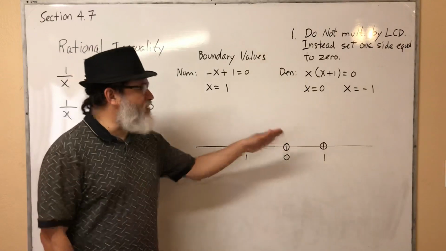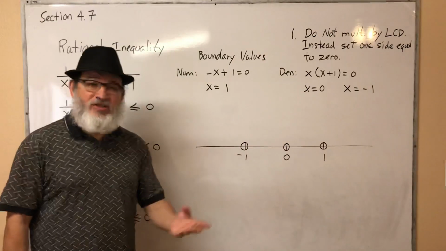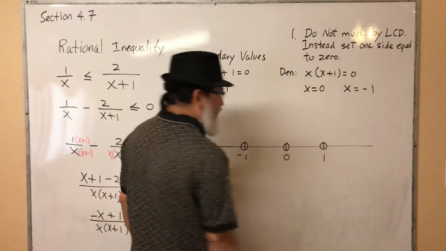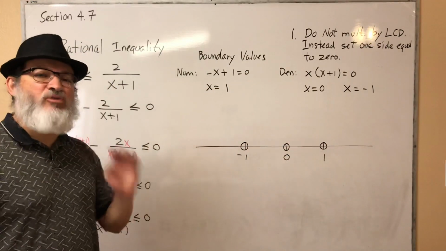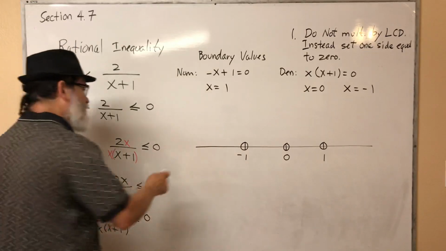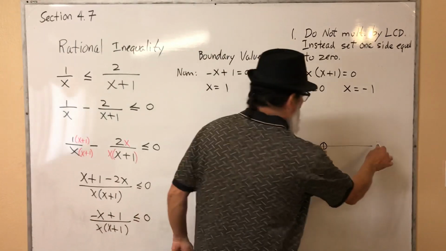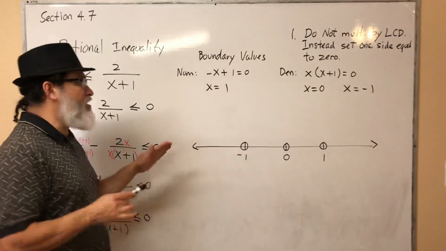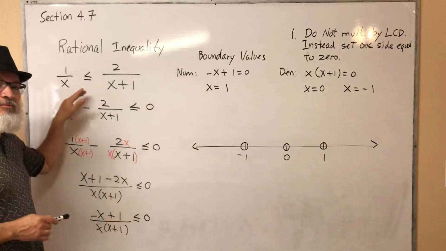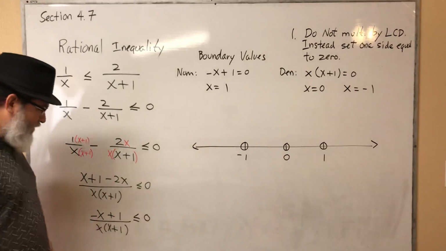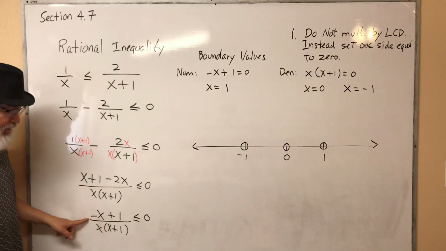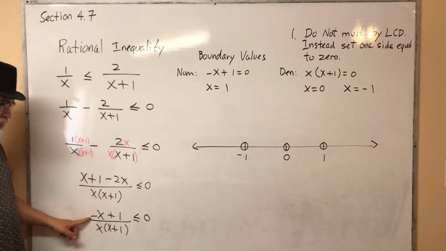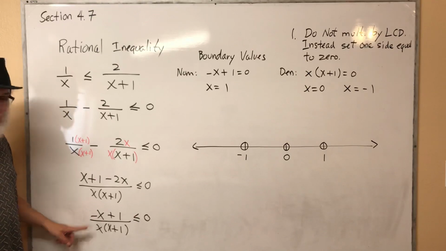So 3 boundary values gives us how many regions? 4. 1, 2, 3, 4. And we have to check each region. If we check and we get a true statement, that region is a solution to this inequality. I'm going to use this inequality, which is equivalent to the original one, to check each region.